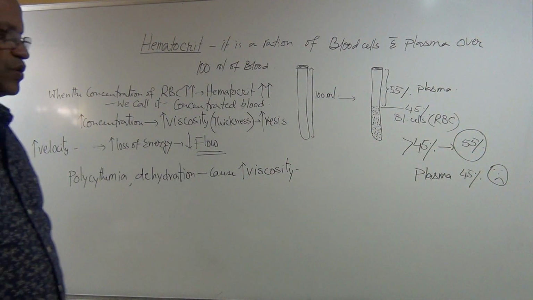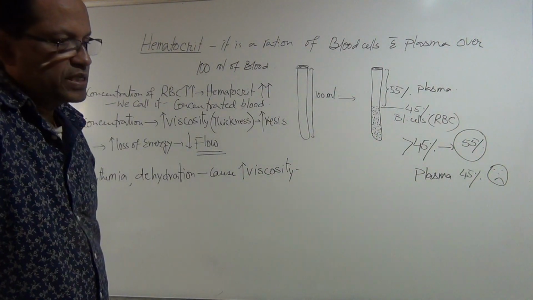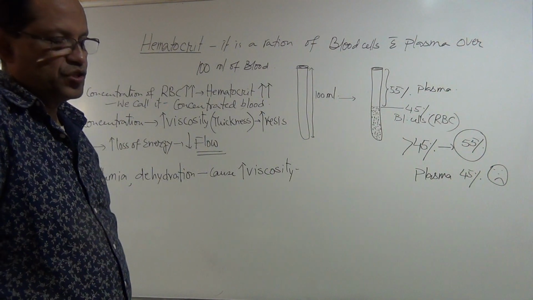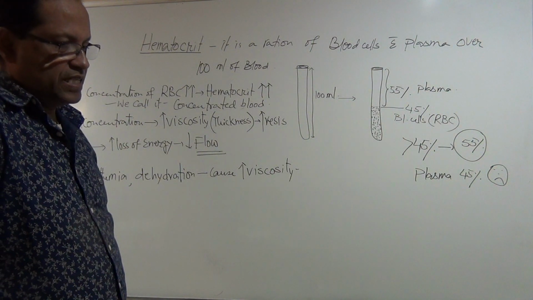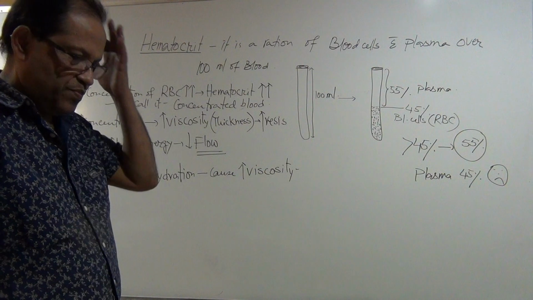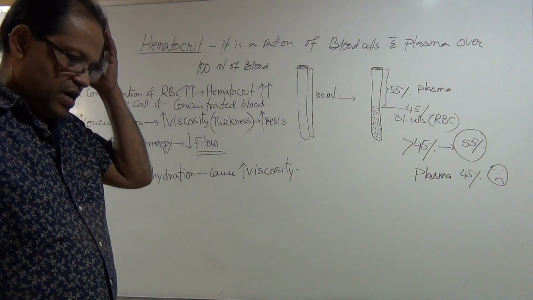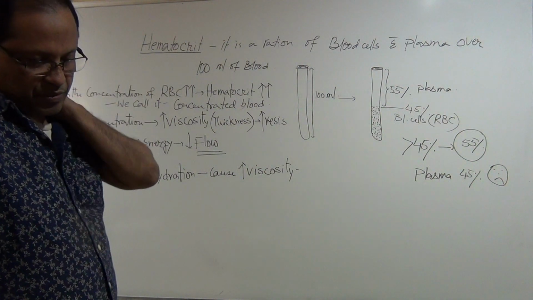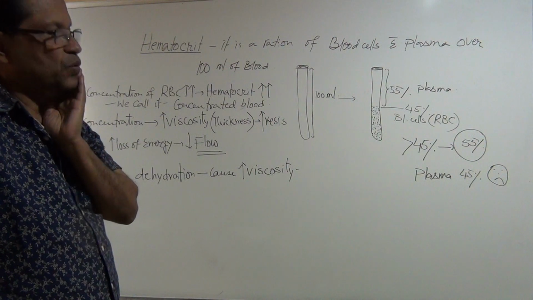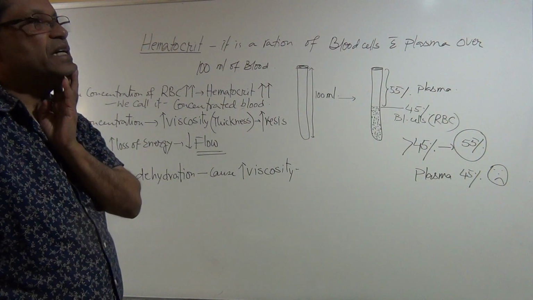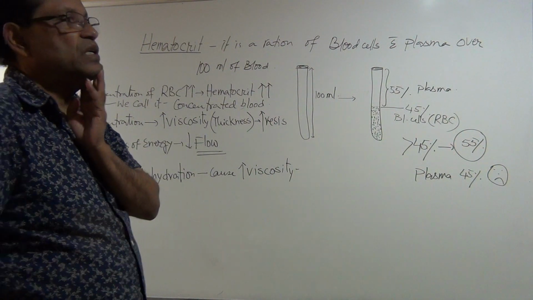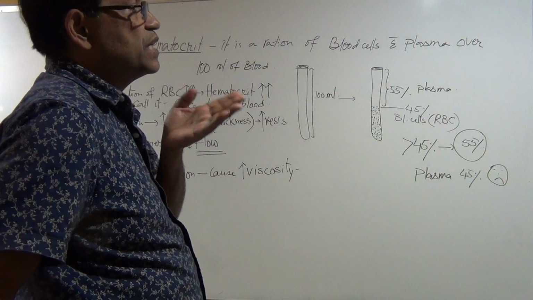And increased viscosity causes increased resistance, and increased resistance will cause increased velocity, but too much viscosity will cause decreased flow. Decreased flow and decreased pressure.